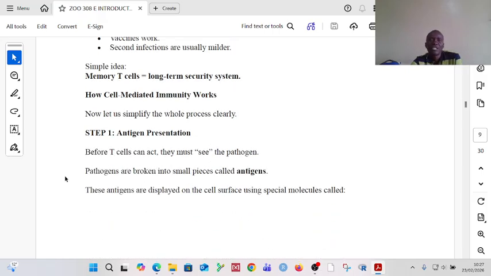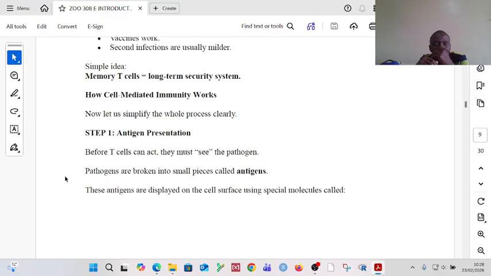Okay? So how exactly does cell-mediated immunity work? The first thing is that an antigen has to be presented. Before the T cells can act, remember cell-mediated immunity is immunity entirely run by T cells. It's an arm of immunity that relies on T cells.